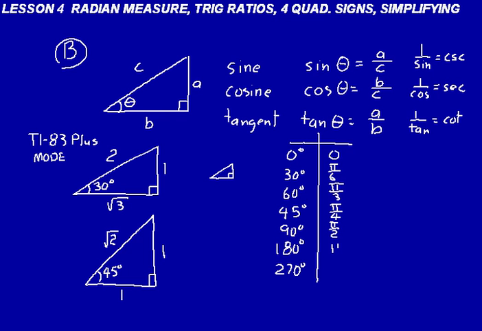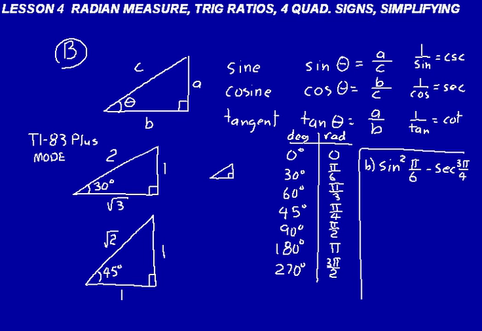That should make sense because we've already said that's a conversion: 180 degrees equals pi radians. And then 270 would be 3 pi over 2. So these are obviously units of degrees on the left, and these are radians. Those are just some good radian values to know for corresponding degree measures.